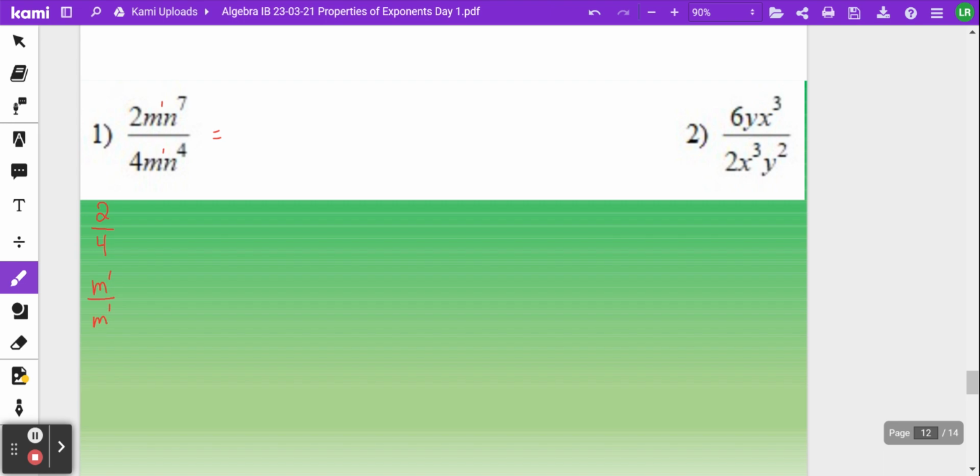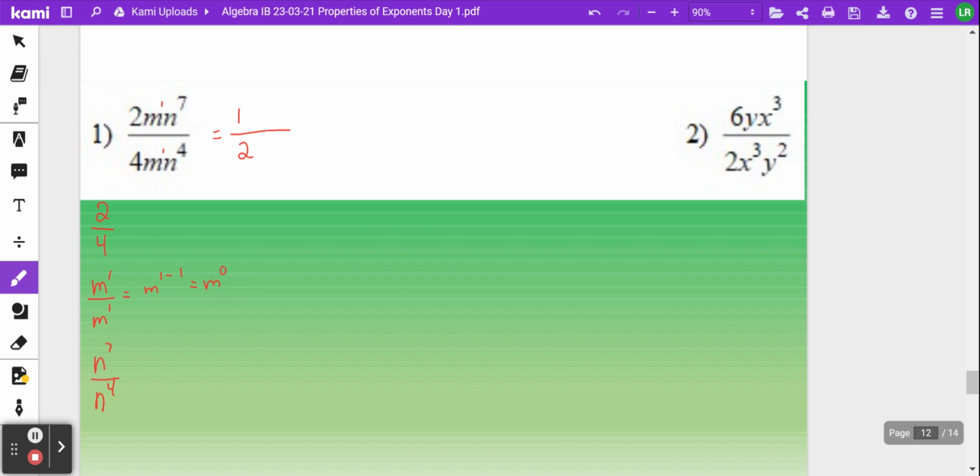And then my n's, I have n to the 7th over n to the 4th. Those are the 3 mini problems I'm doing inside of this. Now, 2 over 4 simplifies to be 1/2. And then I'm going to subtract here. 1 minus 1, that is 0.